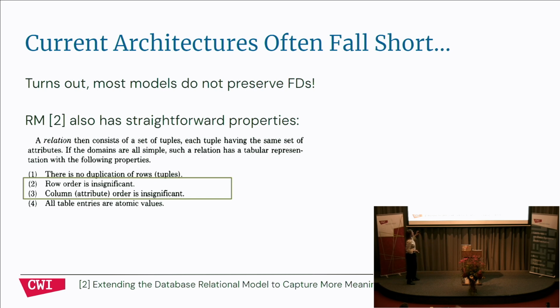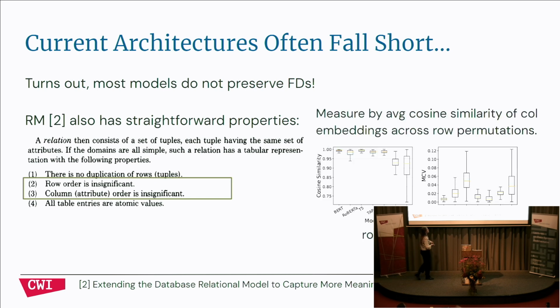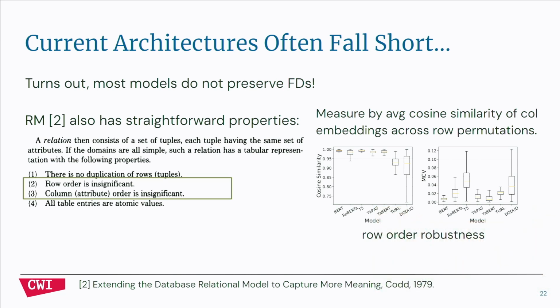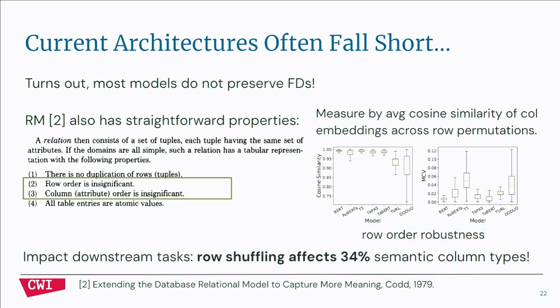This is something that we evaluated as well, and we found that many of the models are very sensitive to how the rows and columns are ordered, which is an interesting finding. We also evaluated the impact that this has.